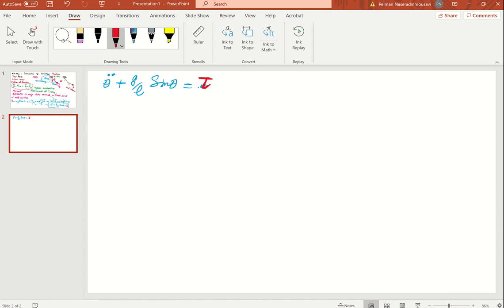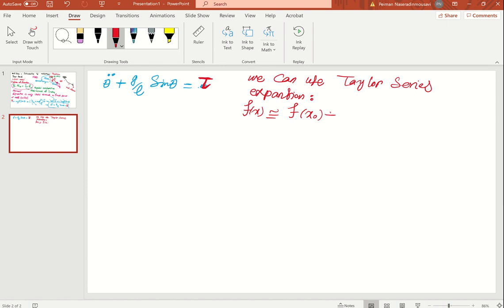But as you know, we can use Taylor series expansion, as I taught in the vibration course, to approximate a nonlinear function around an equilibrium point: f(x0) plus round f over round x at the equilibrium point times (x minus x0), this is from high school, plus round square f over round x square at x equal to x0 times (x minus x0) squared.